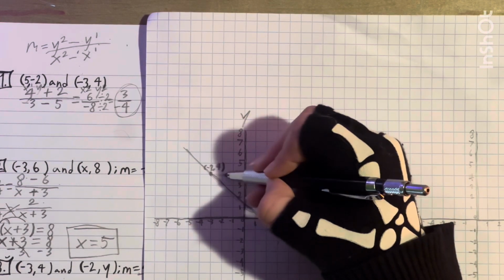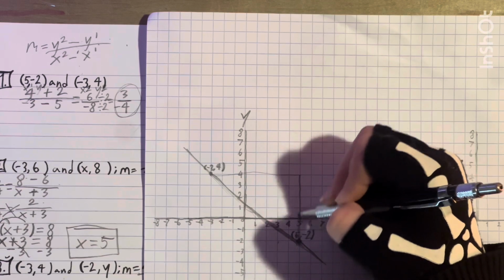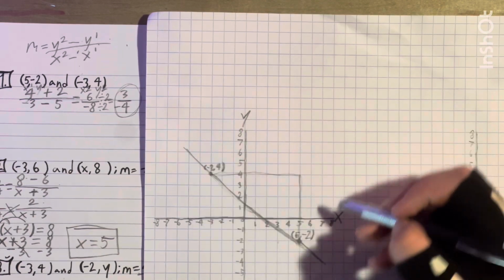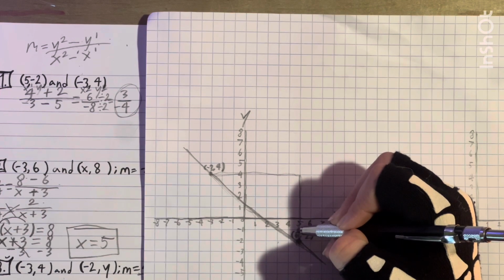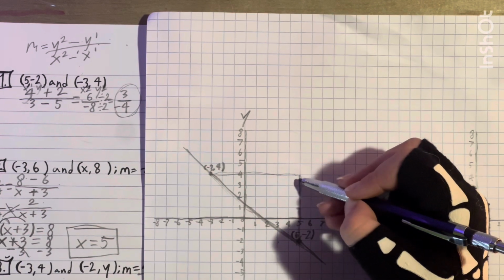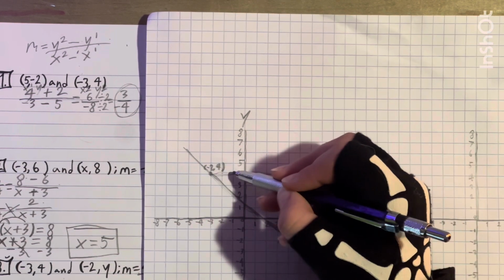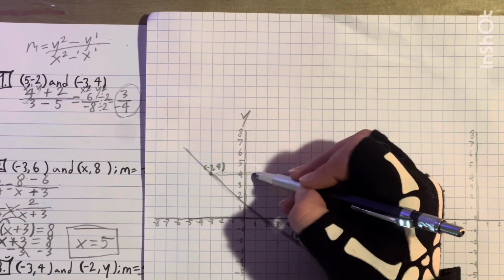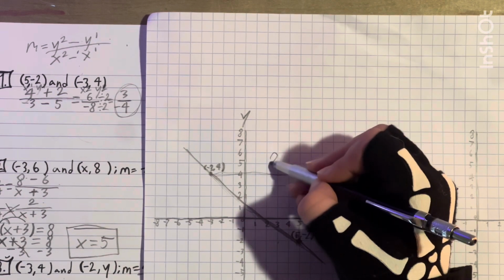So you go over and up. Right here you get 1, 2, 3, 4, 5, 6. 1, 2, 3, 4, 5, 6, 7, 8.